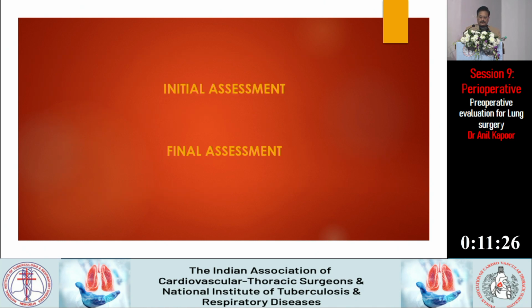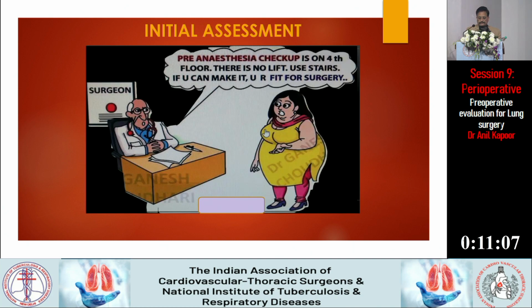But what we do is initial assessment and the final assessment. Final assessment is one which is done exclusively by the anesthetist just before surgery. But for the initial assessment, the thoracic surgeon, the pulmonologist, even the anesthetist and cardiologist, they should all be involved in this.